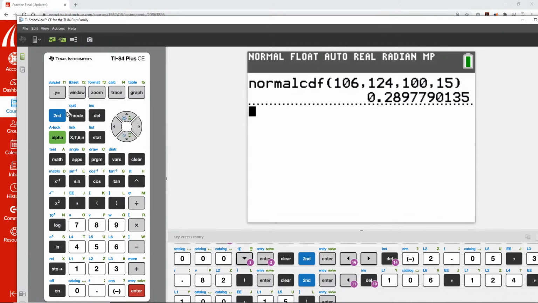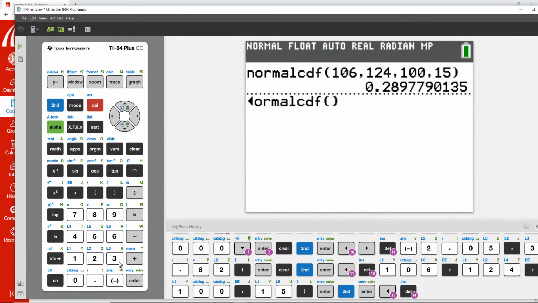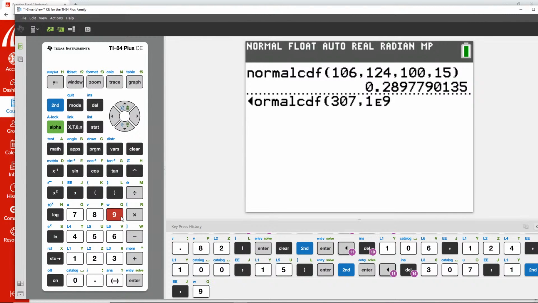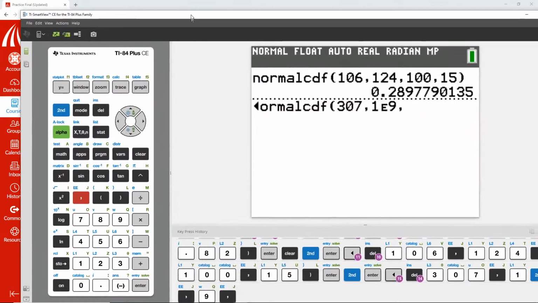All right, let's go on and put that all into the calculator. So I'm going to do a second entry, and let's just clear out all the things in there now. Now let's see, what do we have? We have 307 and then some large number, comma, 1E to the 9, and then comma, I think we said 268 and 15.